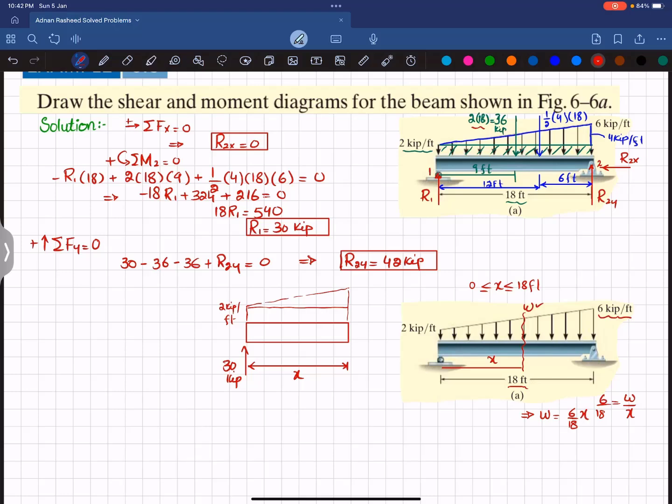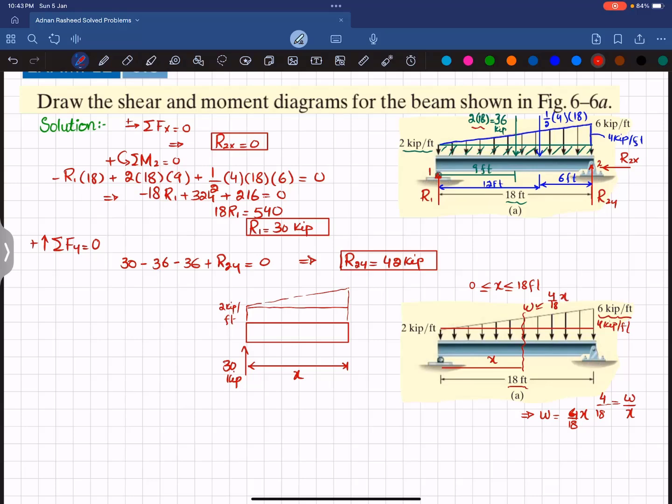The remaining was 4 kips, so correct it, this is 4. Let me take it: 4 divided by 18 is equal to W by 6. So 4 by 18, and we will get W equal to 4 by 18 times x.